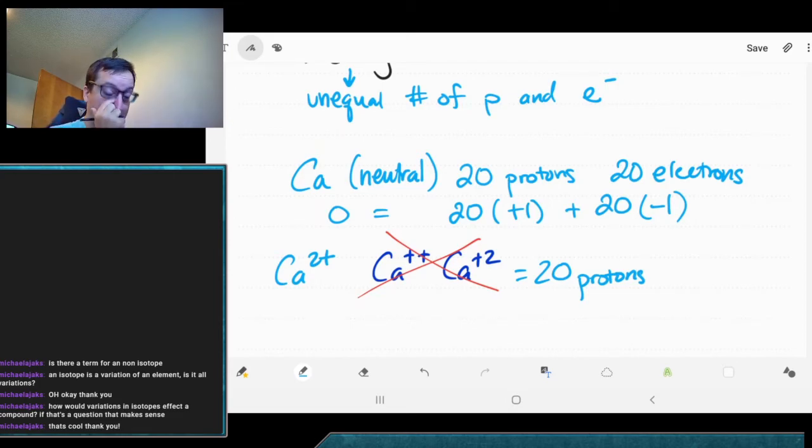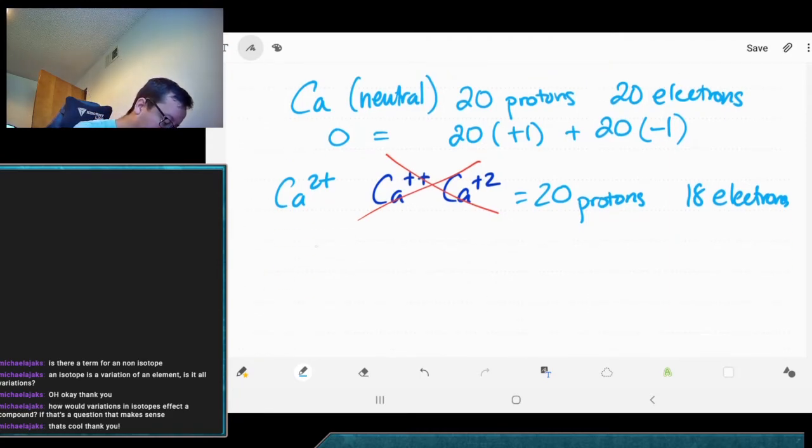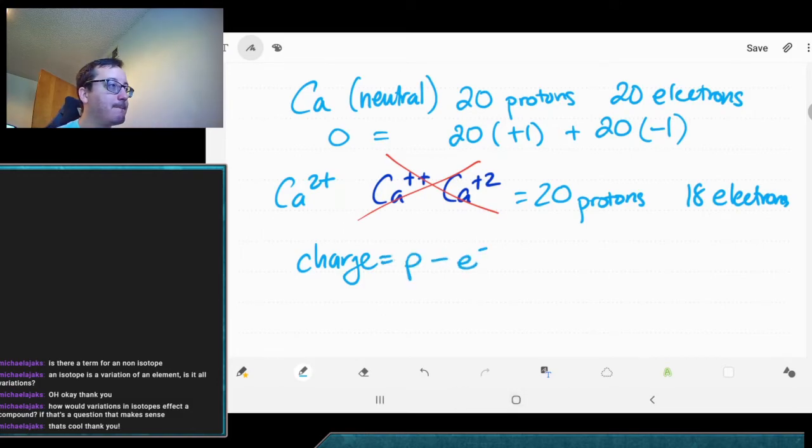So to be 2+, we have to lose 2 electrons. And so we're going to end up having 20 minus 2 electrons in there, so 18. We can think about it this way. The charge is your number of protons minus your number of electrons. That'll give you the charge of it.